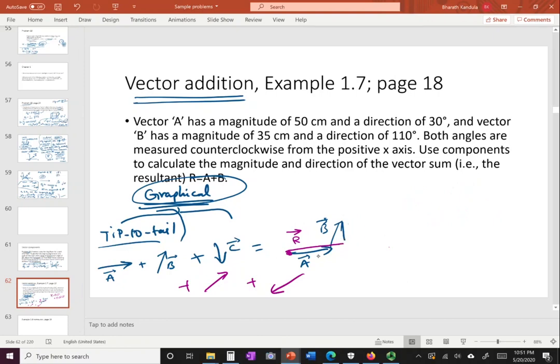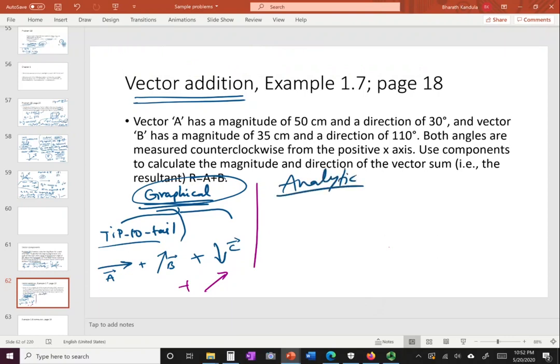Next topic is how to add vectors analytically. Analytic procedure. Let me take two vectors and explain how to do it. Let's say you have two vectors A and B with magnitudes and directions. You want to find the resultant, which is A plus B. Now this resultant is also a vector quantity, so it must have magnitude and direction, right?